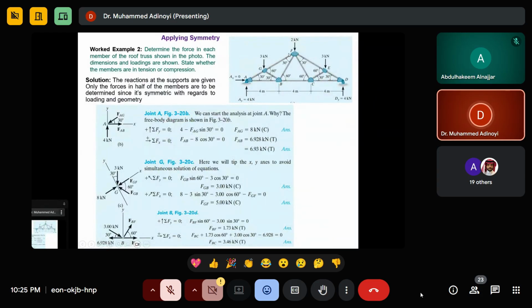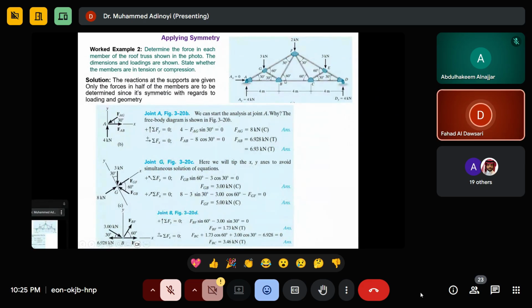So that is what they did here. They put the x here and the y somewhere here. Then you do the sum of F y and the sum of F x equal to 0, and you get your answer. By the time you solve here, you will know this and this, so I can move to B.